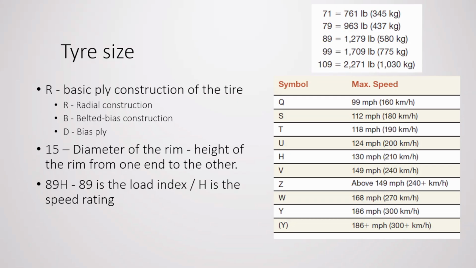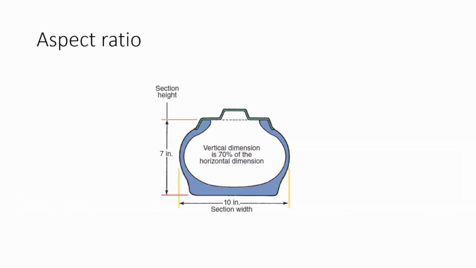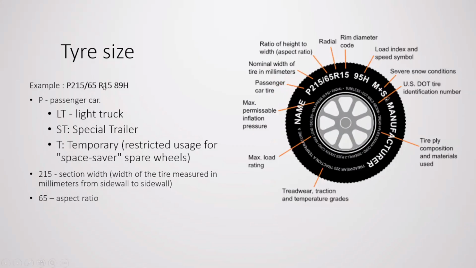We have discussed these construction types during our previous session. So if it is R, we call it radial tires. If it is B, then belted bias, and if it is D, bias ply orientation. So that is regarding the fourth terminology term.